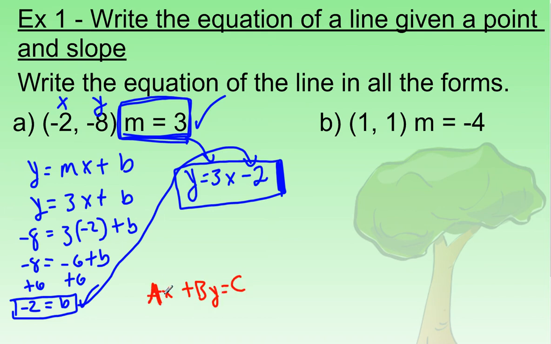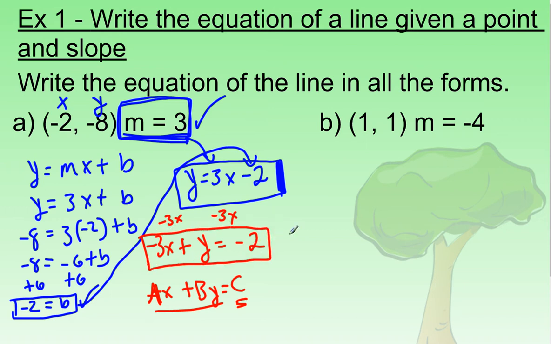So if we can get our x and y on the same side of the equal sign, and the constant, the thing without a variable, on the other side, we're done. So check this out. Minus 3x, minus 3x. I'm subtracting 3x from here to make this piece go away. My result would be -3x plus y, that's him, equals -2. This is my answer in standard form.